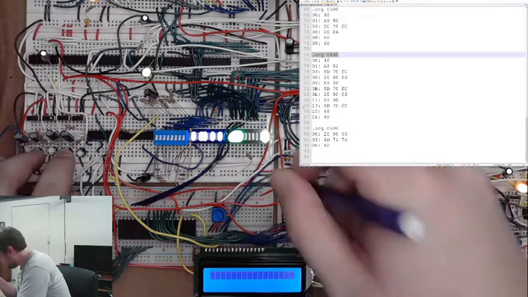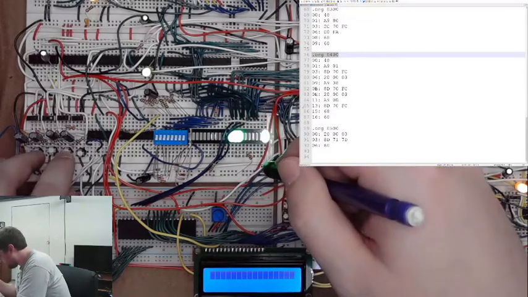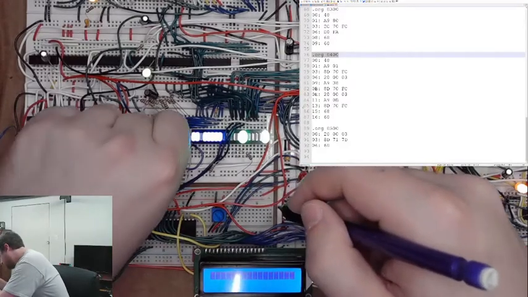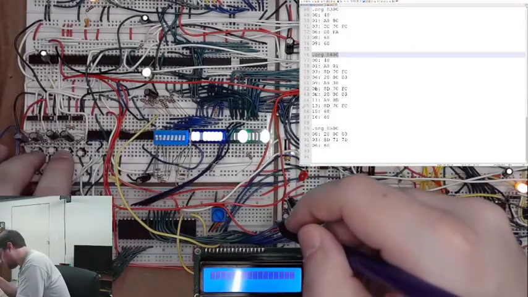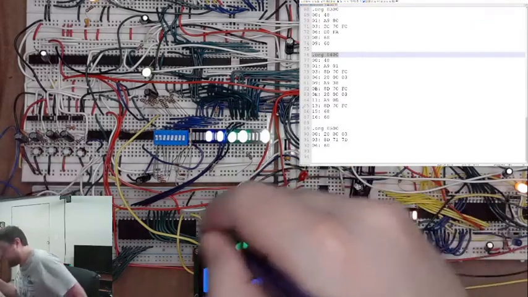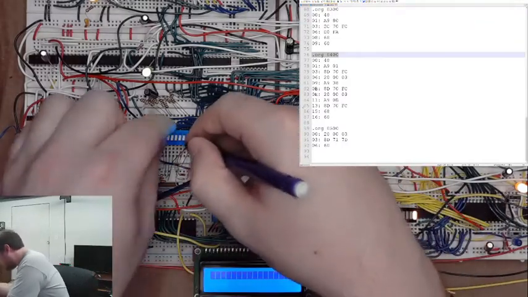I think so. 7. Yep. 03. Now I should be at 9. And yes, that is true.